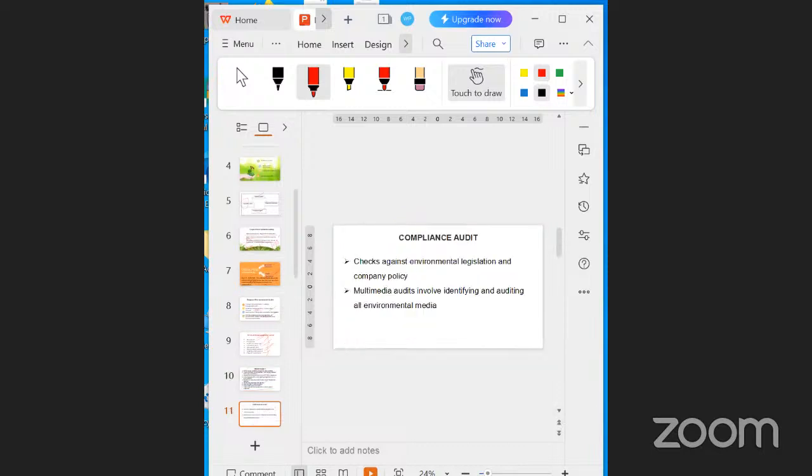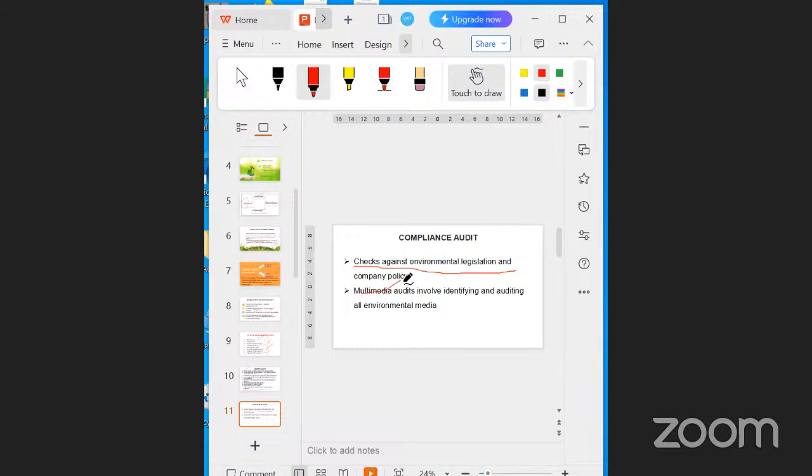Next one is compliance audit. This is the most common type of audit. It consists of checks against environmental legislation and company policy. The compliance audits may be multimedia or programmatic.